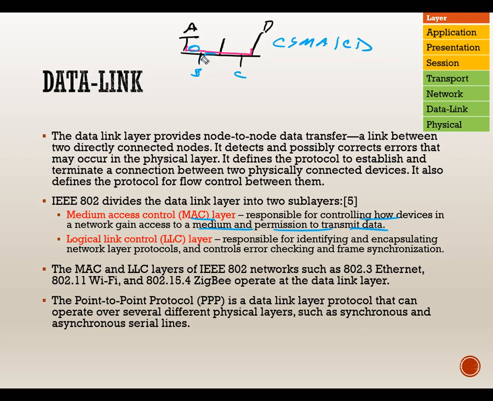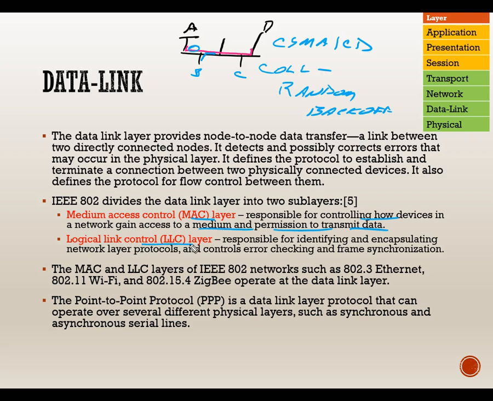Once this conversation is done, then it can do the same thing. If two of them transmit at the same time and we have a collision, then we do a random back off, and start all over with the listening and the waiting.